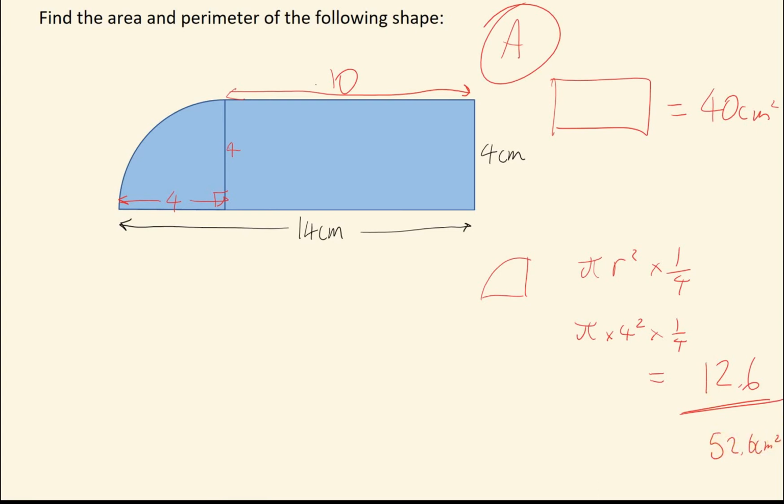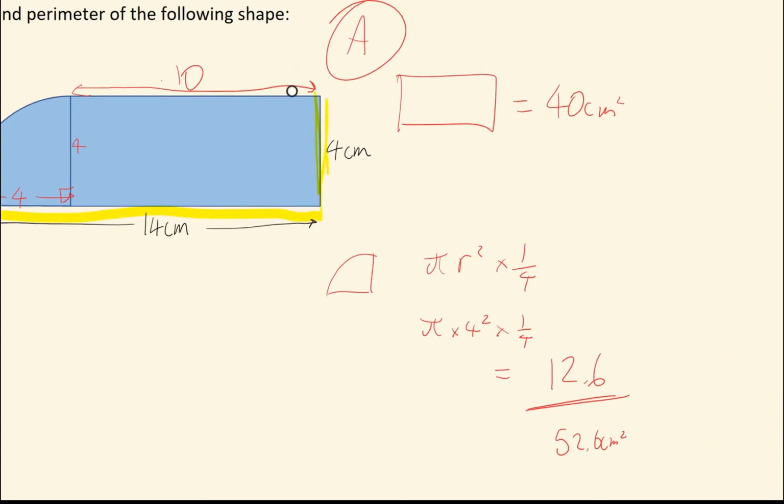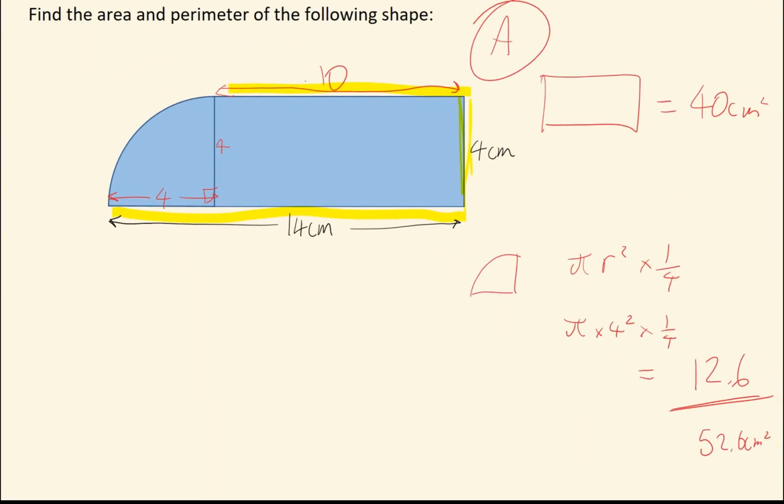Let's quickly try and do the perimeter as well. So for the perimeter, I need to add together these three lengths, and then I also need to work out this arc length here. So let's try and do that. So these three lengths are easy. These three bits in total will be 14 plus 4 plus 10, which is 28.